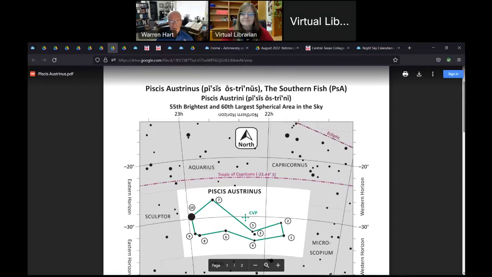There's a 3-letter designation for that constellation. The other thing also, just for information on it, notice it is the 55th brightest constellation.